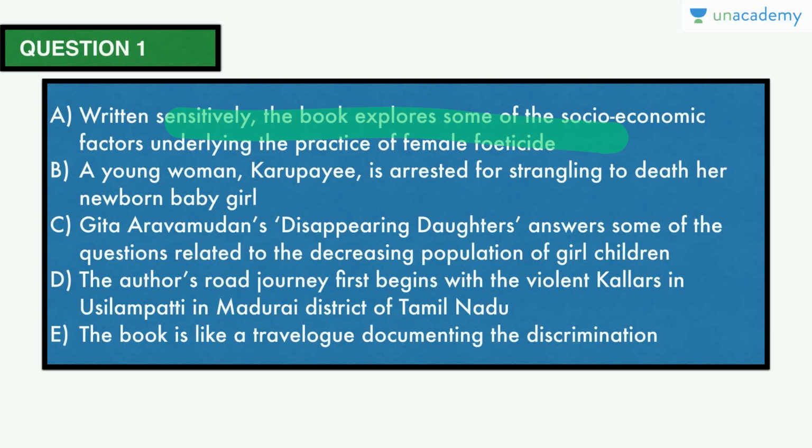Or we could follow it up with E. The book is like a travelogue documenting the discrimination. E looks like a better follow-up. I'll tell you why. Or we could go ahead with D. The author's road journey first begins with the violent colors in Usulampati in Madurai district of Tamil Nadu.